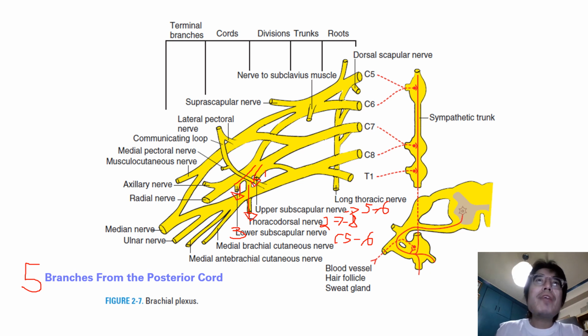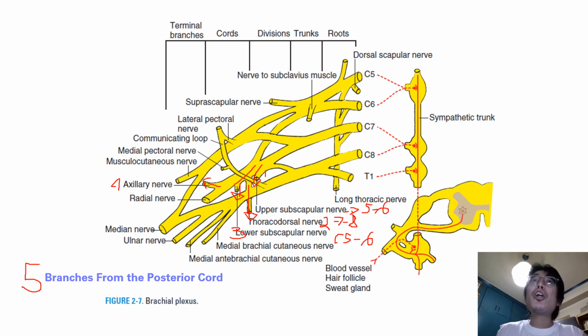Next, we move here to the fourth branch of the posterior cord, the axillary nerve. The axillary nerve traces its origins to the C5 to C6 roots. It innervates the deltoid and the teres minor muscles and gives rise to the lateral brachial cutaneous nerve.